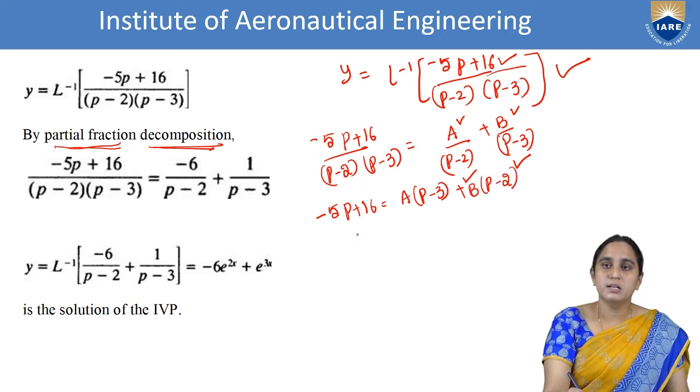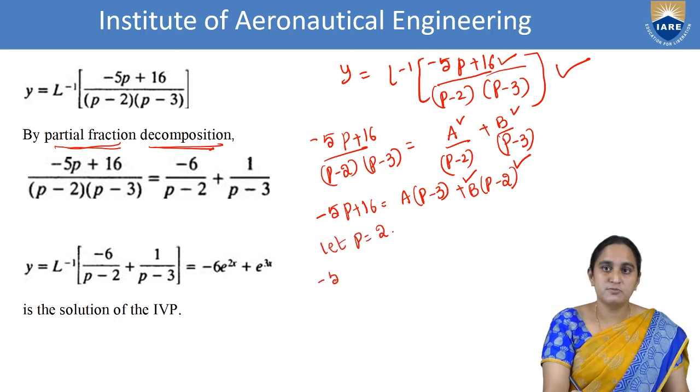Here I'll find either A or B first. If we find the A value first, let us assume p is equal to 2. For that case, -5 into 2 plus 16 is equal to A into (2 - 3). Substituting p as 2, the B term becomes 0.